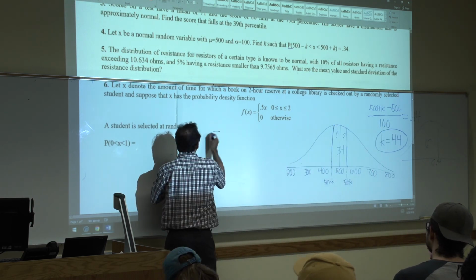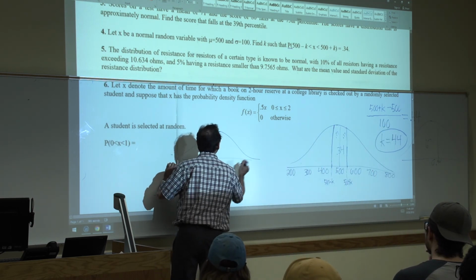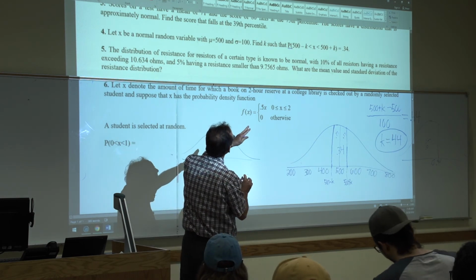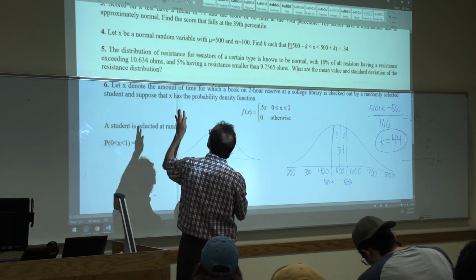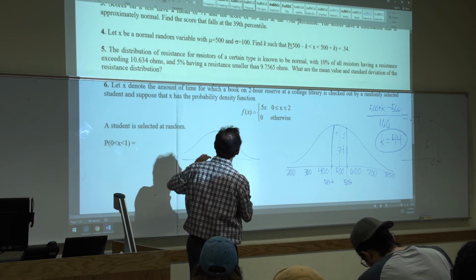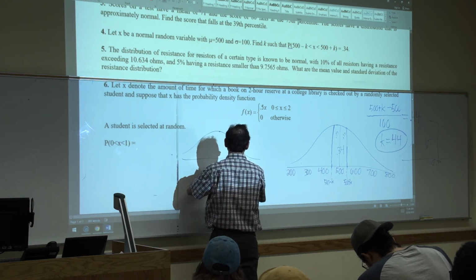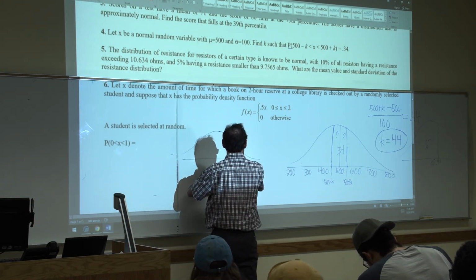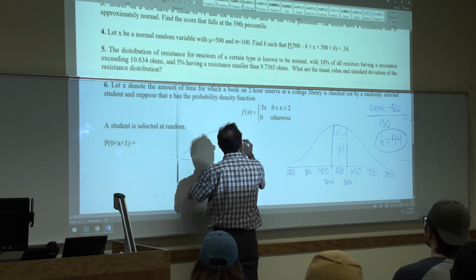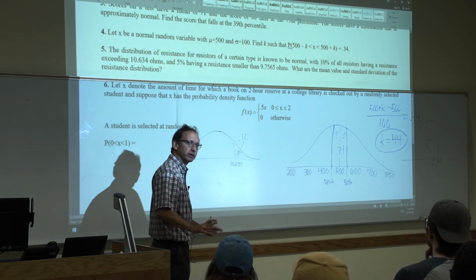So again, if you don't know where to begin, let's just draw it out here. You're told that 10% of all resistors have resistance exceeding 10.634. So if I draw out 10.634 here, I know the area to the right over here is 0.10. Is that okay?